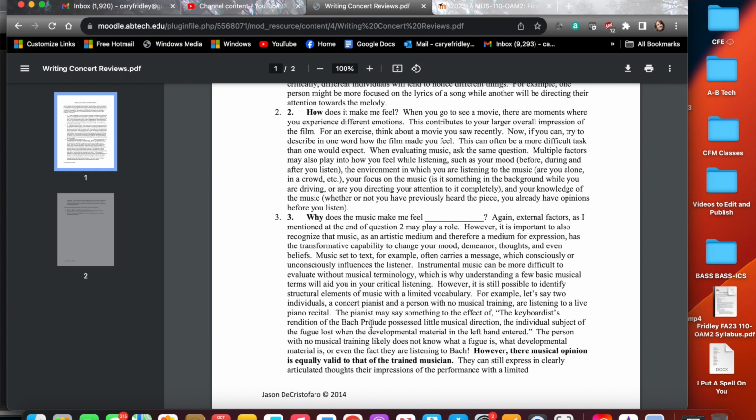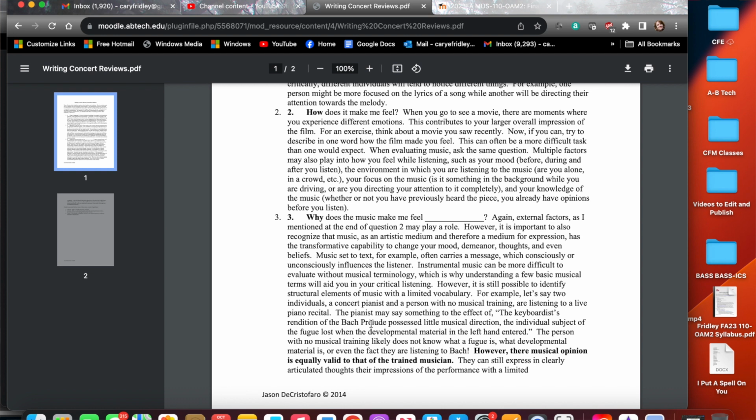Instrumental music can be more difficult to evaluate without musical terminology, which is why understanding a few basic musical terms will aid you in your critical listening. However, it is still possible to identify structural elements of music with a limited vocabulary.